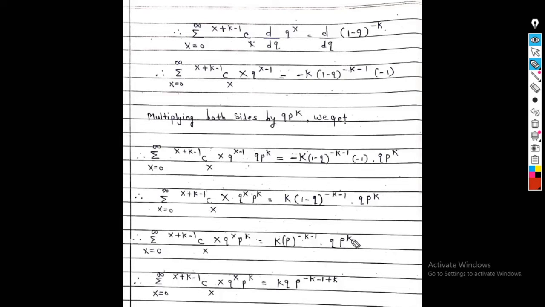So minus k plus k get cancelled and it becomes only p^(-1). So we get summation (x+k-1)Cx x q^x p^k is equal to k q p^(-1). We rewrite this equation as summation x equals 0 to infinity x (x+k-1)Cx p^k q^x is equal to k q p^(-1).